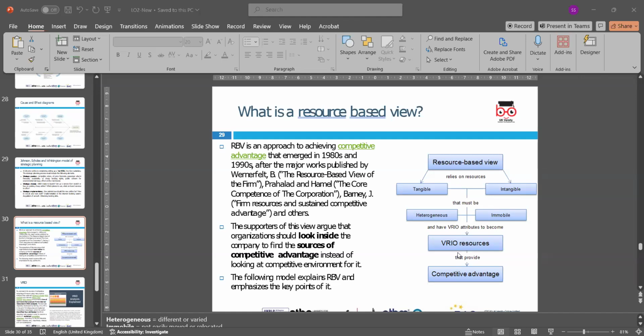If it is difficult and costly, then it means it is tough, so it is difficult for other people to copy it or to imitate it. Organization means is the company organized to capture the value from the resources. So within the given system, can they use it efficiently or not? So they need to see that thing.